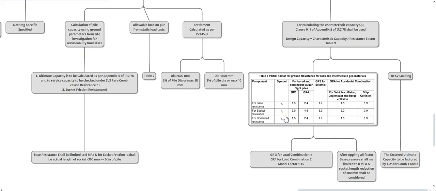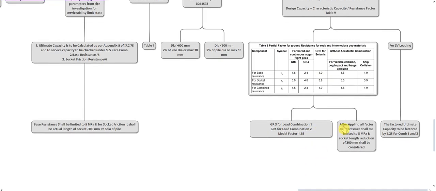If we do not have the separate capacity for base and socket, we shall use the combined factor. Otherwise we need to divide the base resistance with gamma B, and the socket resistance with gamma S. Here GR3 shall be used for load combination 1 and GR4 shall be used for load combination 2. The model factor in this case is 1.15.